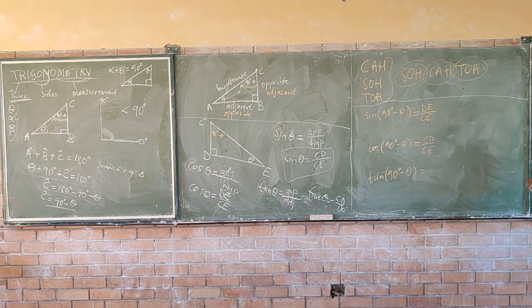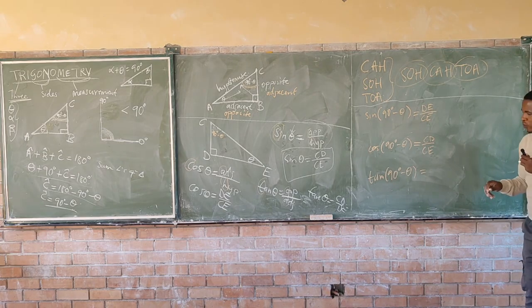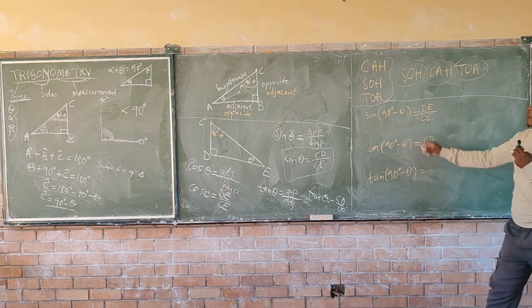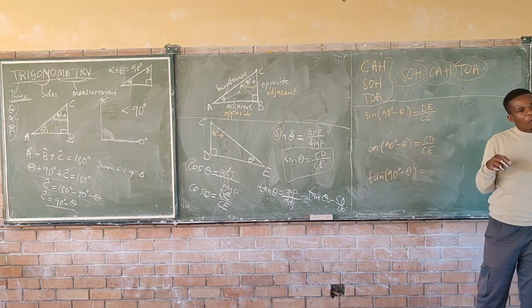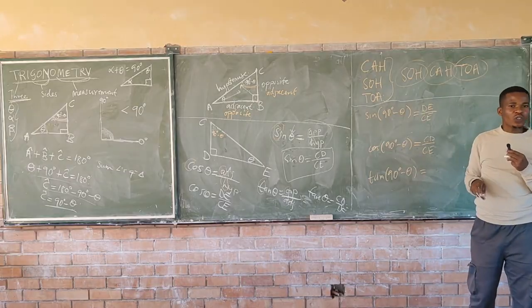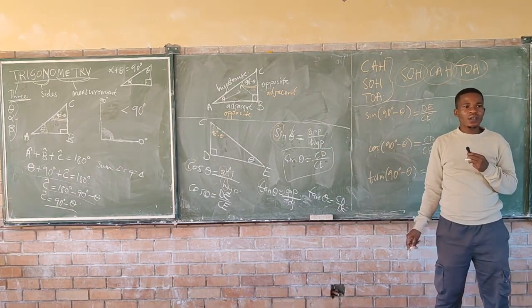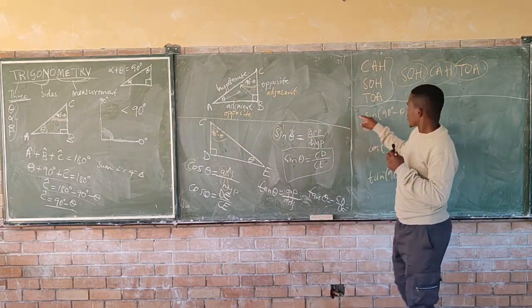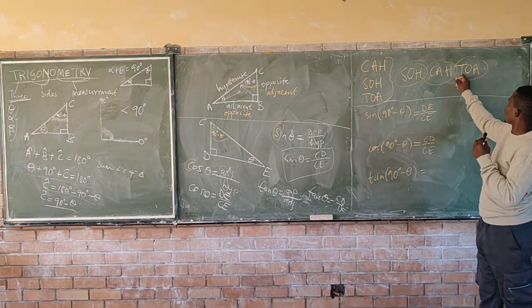Now what do you have here? Yoba? I said your weapon is SOH CAH TOA. You cannot look at me and say you want to, or look at that diagram only. You look at the diagram, okay, I'm here. Now, what is tan saying? Now, I'm here.